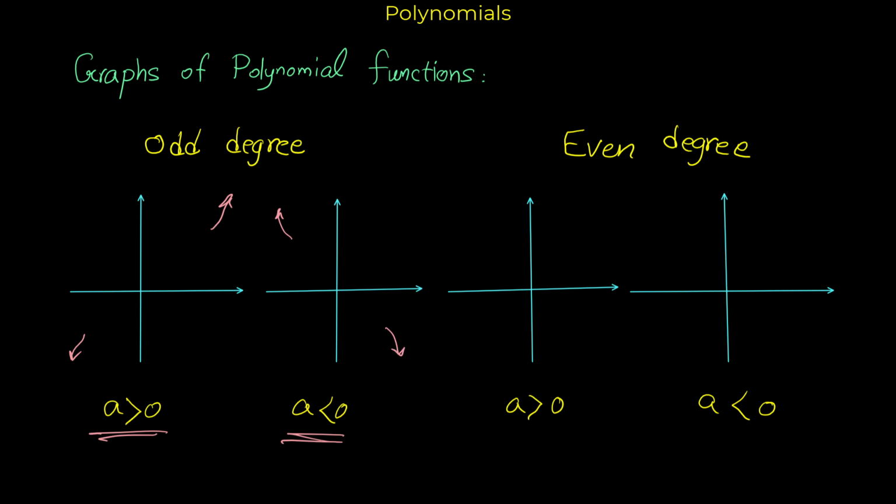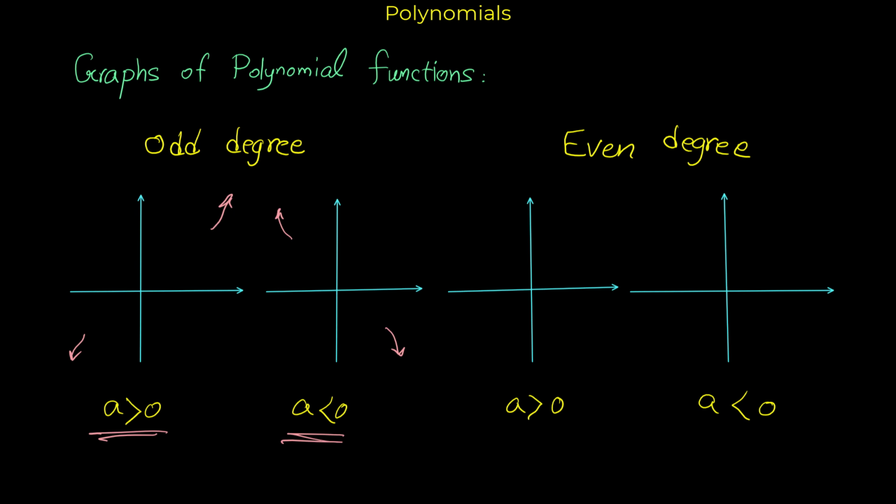The left end is in quadrant 2, the right end is in quadrant 4. And again, between these two ends, it can go up and down several times. You can imagine what happens here. It crosses the x-axis many times, depending on the degree of the polynomial.